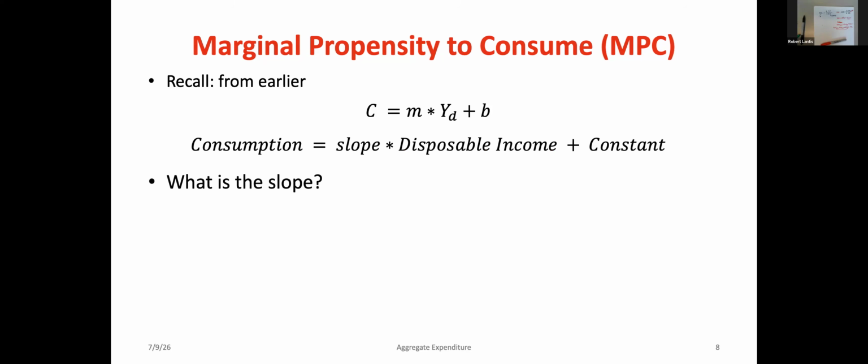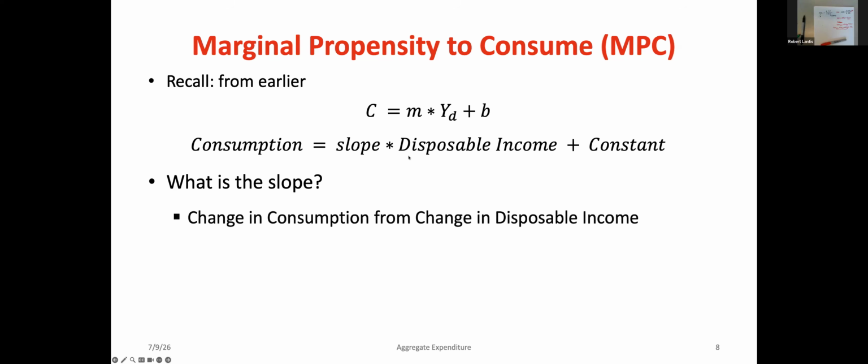So what is our slope going to be? Well, the increase in consumption that comes from an increase in disposable income, or that change in consumption from a change in disposable income, that was our marginal propensity to consume. Change in consumption over a change in disposable income, that's our marginal propensity to consume.